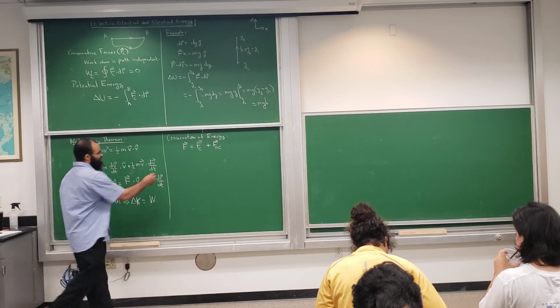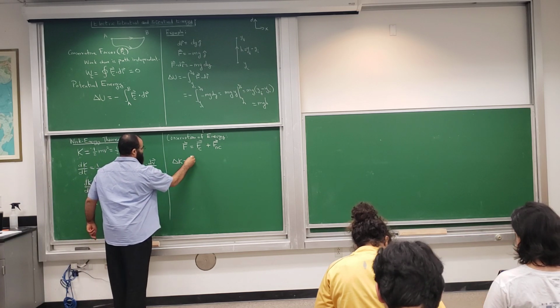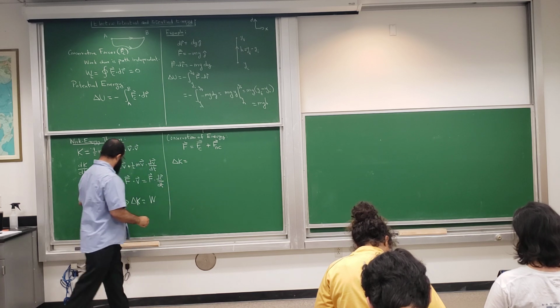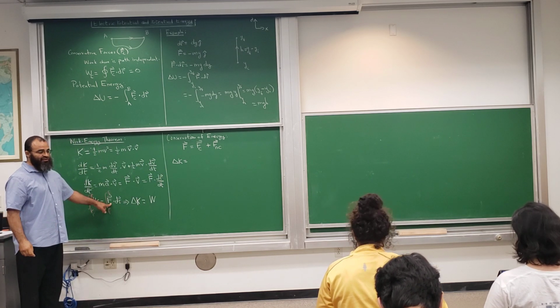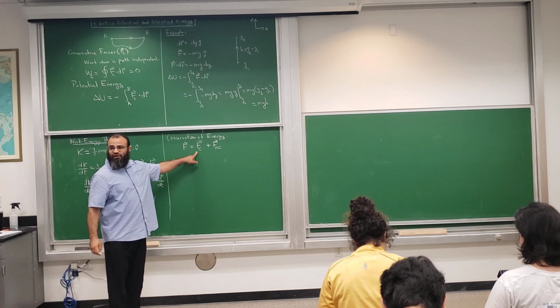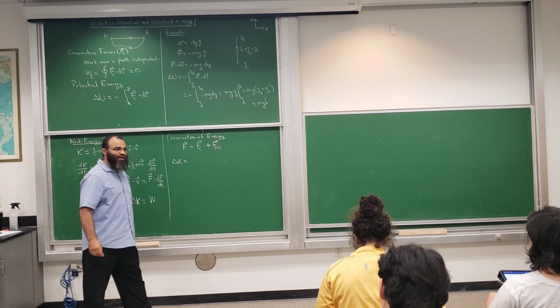I have this: delta K, the changing kinetic energy, is equal to the integral of F, but F is Fc plus Fnc. Fc means conservative, Nc means what? Non-conservative. Okay, good, so my abbreviation is clear.